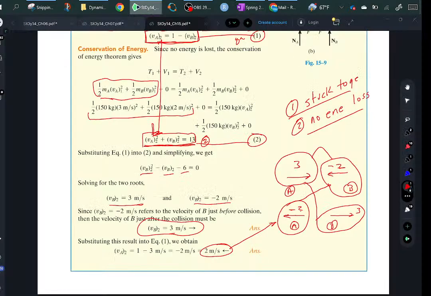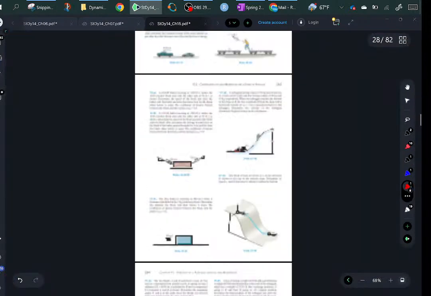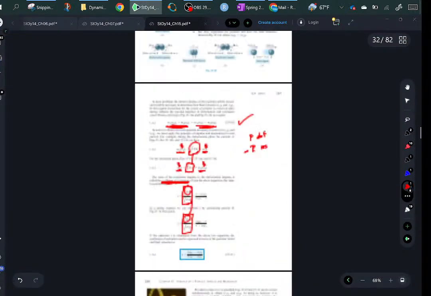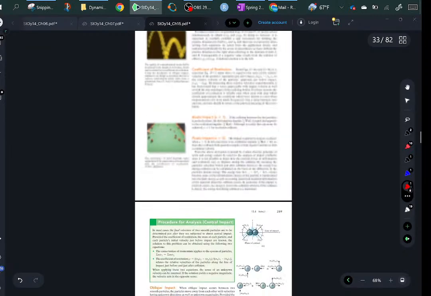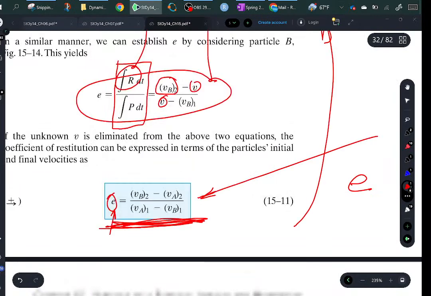Okay, so go back to the book. Go all the way back down to the term coefficient of restitution. If you look, it will be the final over the initial.